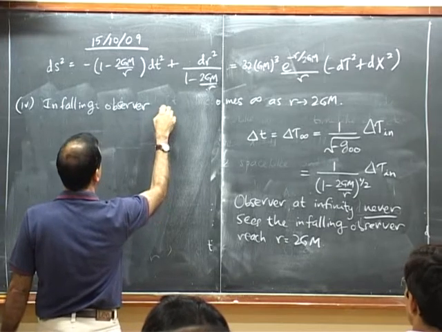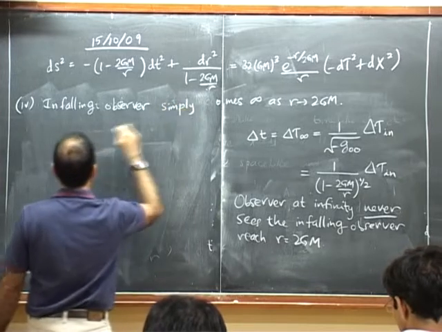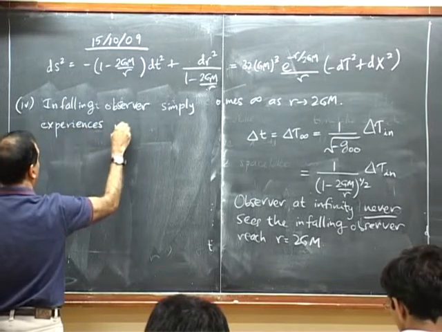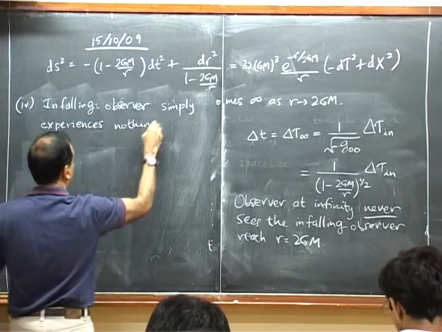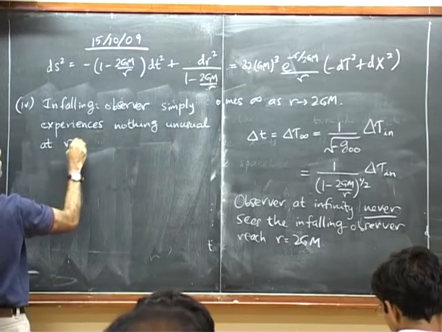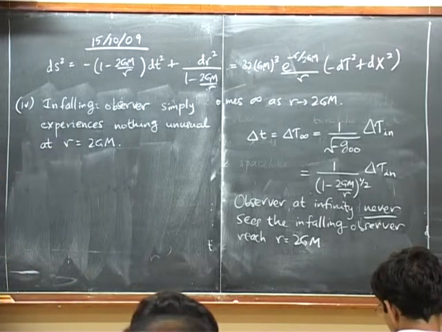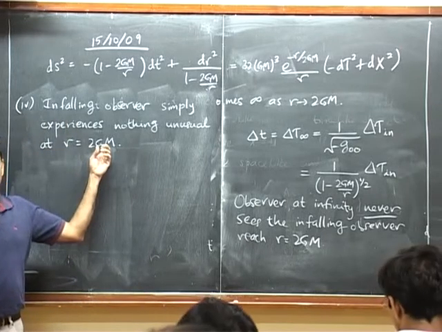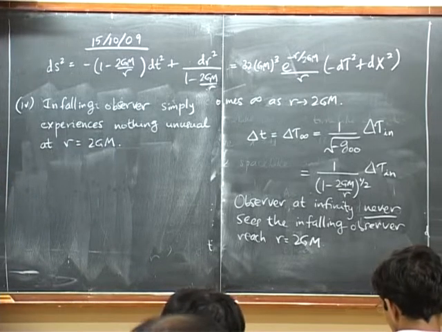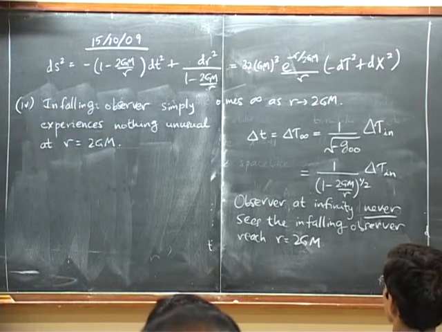The infalling observer simply experiences nothing unusual. However, if this observer is trying to use r and t coordinates to describe what's happening when he or she comes close to r equals 2GM, he will find that it's becoming harder and harder to describe what's happening in these coordinates, and he'll be tempted to switch to Kruskal coordinates.